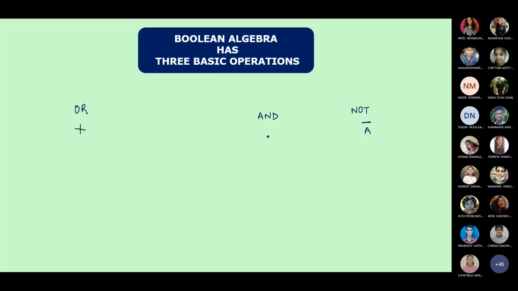Boolean algebra has three basic operations. Look at the laser pointer, all of you. The OR operation is symbolized as plus, the AND operation is symbolized as dot, and the NOT operation is symbolized by negation, an overhead bar.